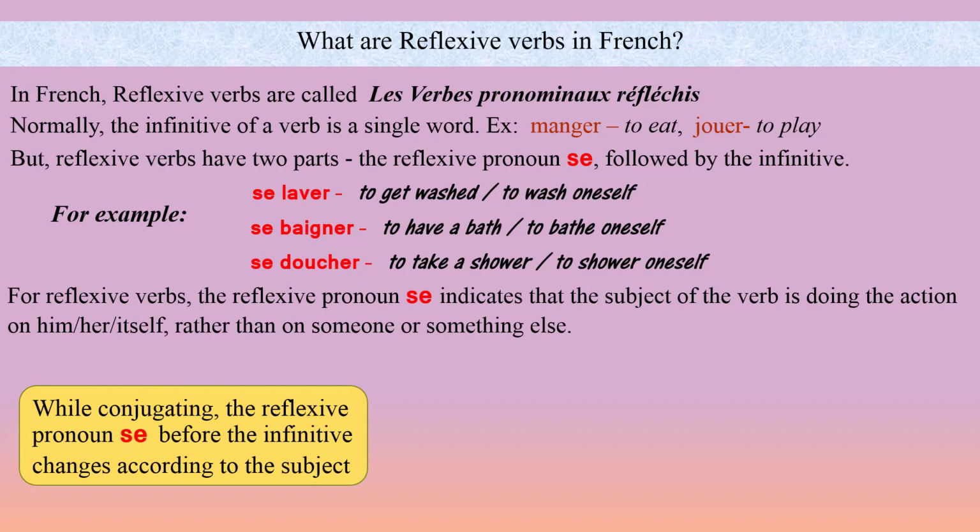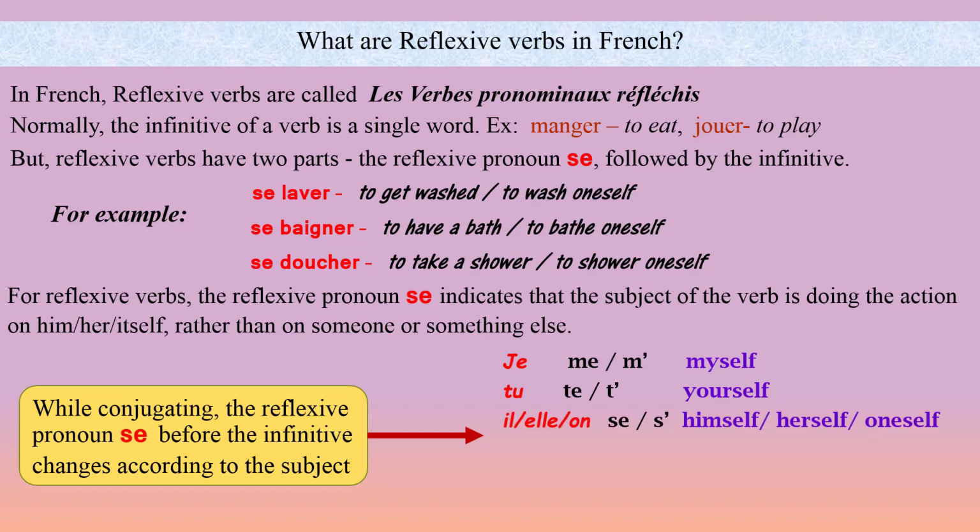While conjugating, the reflexive pronoun se before the infinitive changes according to the subject. For je, it is me or m apostrophe. For tu, it is te or t apostrophe. For il, elle, on, it is se or s apostrophe. For nous, it is nous. For vous, it is vous.